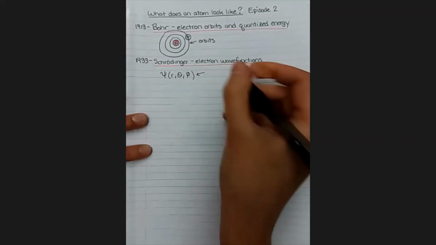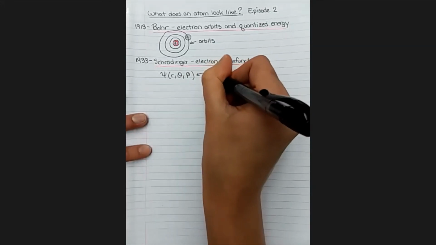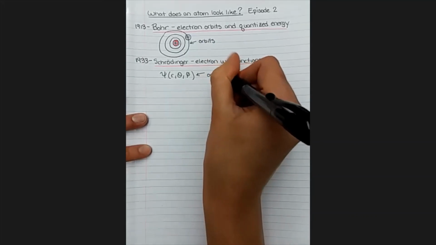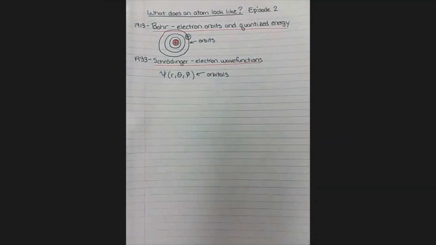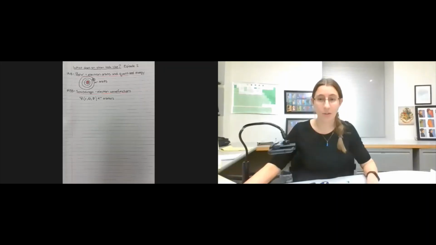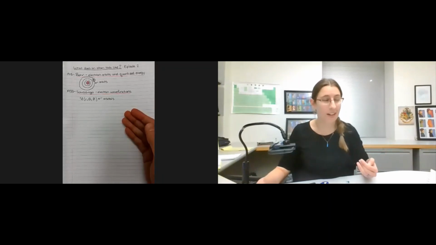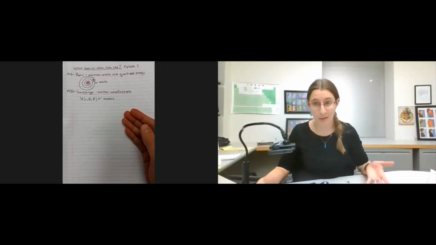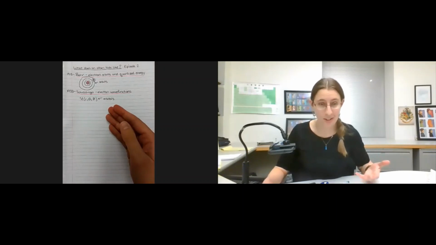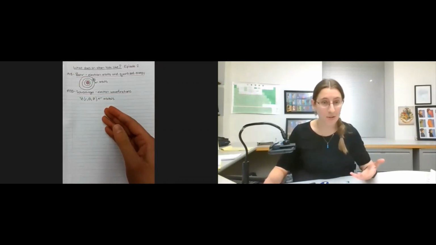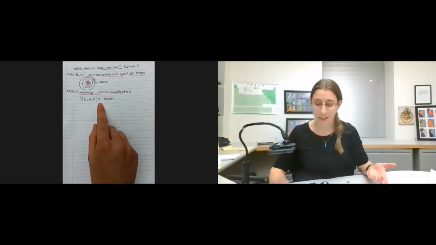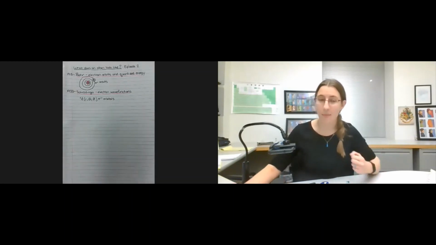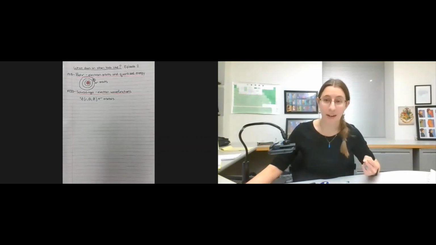And that models a 3-dimensional space called an orbital, where the electron lives. So I know it's kind of a disappointing end that the final picture in the captain's log of an atom is not actually a picture. It's just a math equation, but we can make pictures depending on which orbital we're talking about. But there are many different orbitals and there are many different shapes. So that video with the shapes of the orbitals is coming up next.